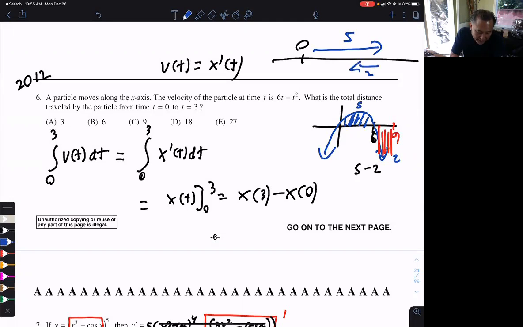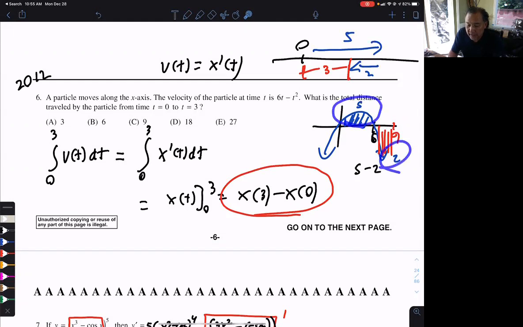And so what's your final position? Because this gives you change in position. Your final position compared to your original is going to be 3 because you went 5 right, 2 left. So your displacement or change of position is 3. But if you want the total distance of this case, you'd have to add how far you went right and how far you went left. I went total 5 plus 2, I went 7.